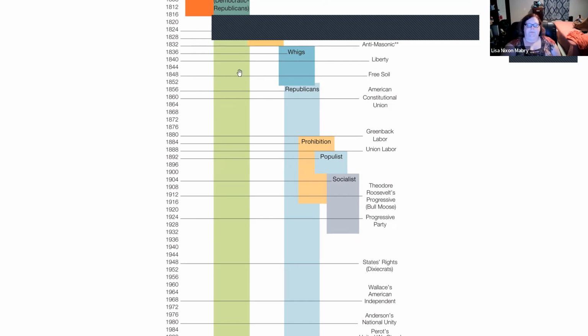So the Democrats still existed when the populist movement came up, but the populist movement is sort of like what we were talking about with the Tea Party movement at the beginning of the chapter. It's kind of a short-lived, third party political movement. And then they merge in with a larger political entity, just like the Tea Party did with the Republican Party, right?